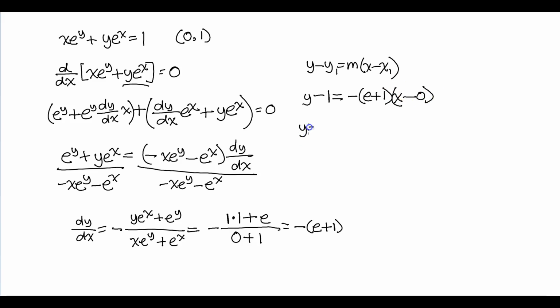And we get y equals negative e plus 1 times x plus 1. And we're done. We just found our tangent line.